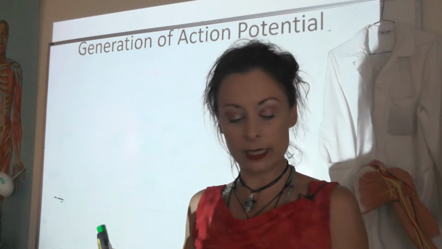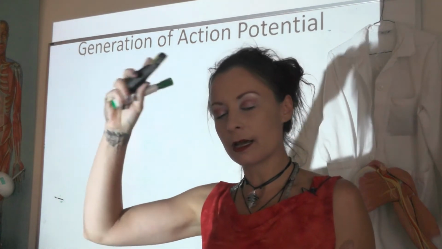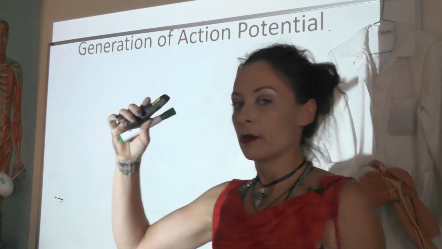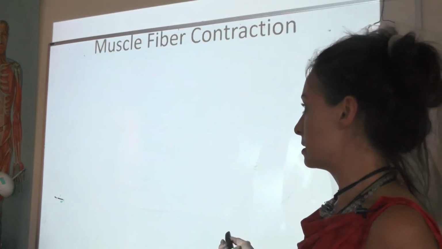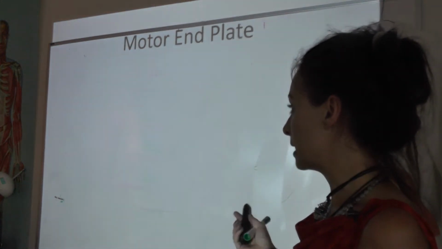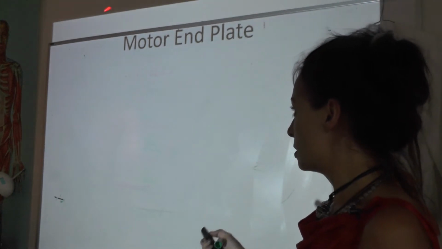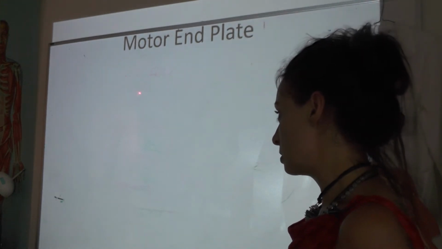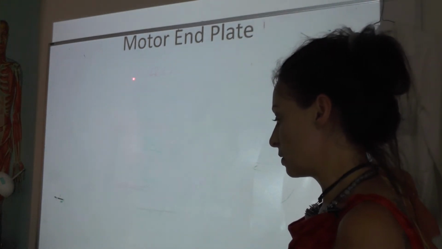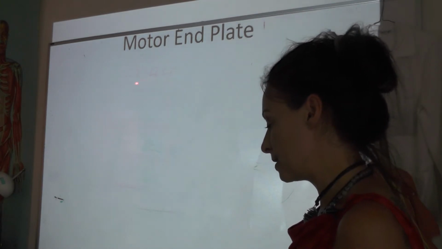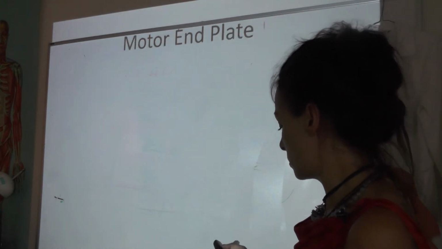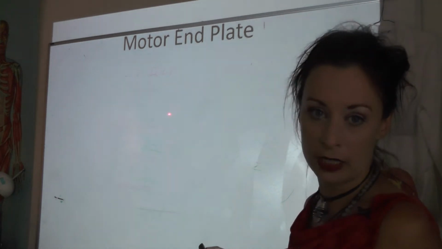So just quickly to make sure that I know where we're going. What we have done is at the motor end plate we had an action potential traveling down our lower motor neuron, causing the release of acetylcholine into the synaptic cleft. It crossed the cleft and bound to acetylcholine receptors on the motor end plate.